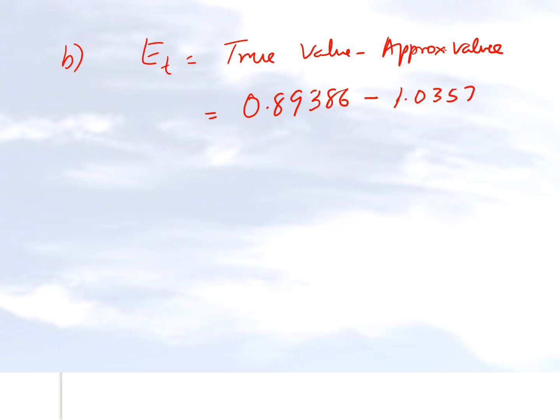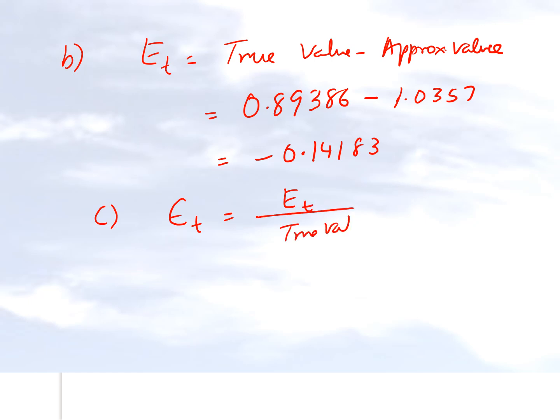The approximate value was that, so the true error is this quantity right here. Now, what is the relative true error? The relative true error will be the true error divided by the true value. If we calculate the absolute relative true error, it is going to be the absolute value of this. If we want it in terms of percentages, we multiply by 100.